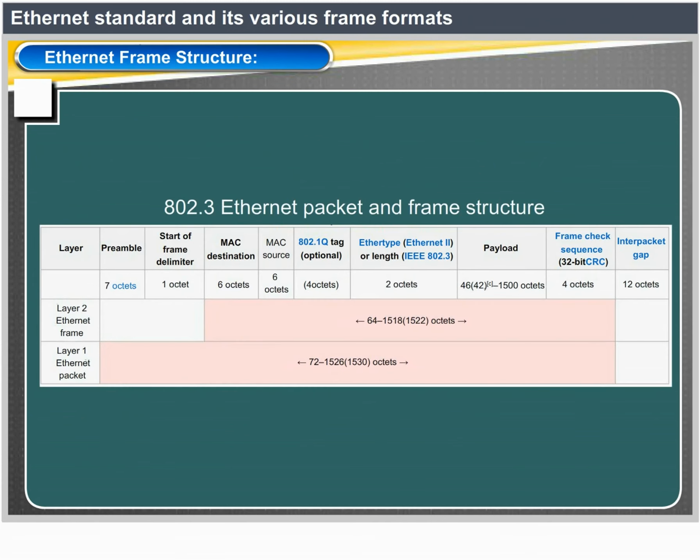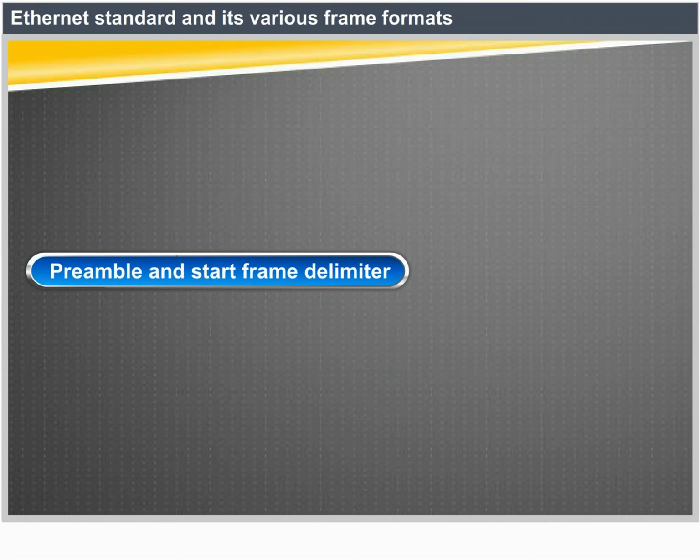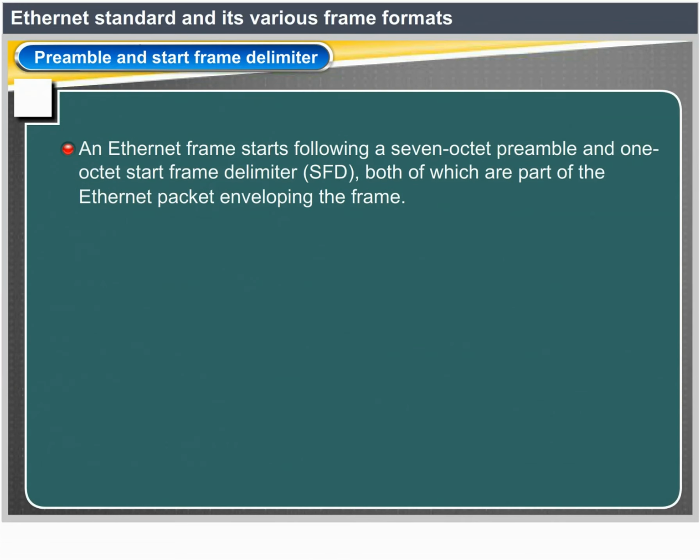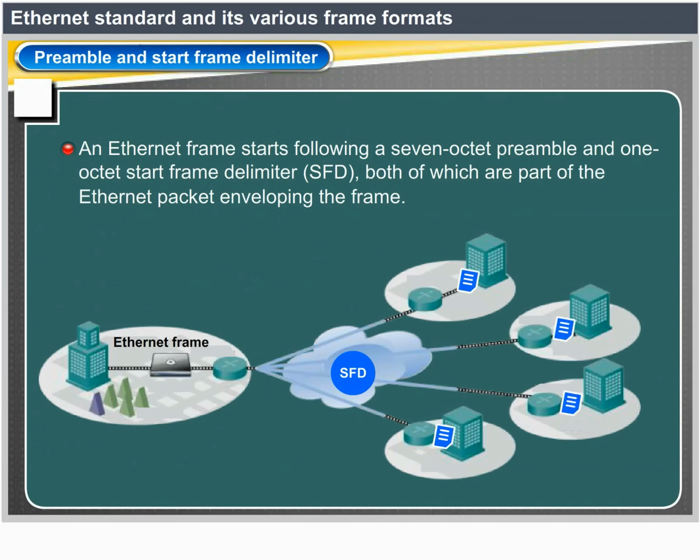802.3 Ethernet packet and frame structure. Preamble and start frame delimiter. An Ethernet frame starts following a 7-octet preamble and 1-octet start frame delimiter, or SFD, both of which are part of the Ethernet packet enveloping the frame.